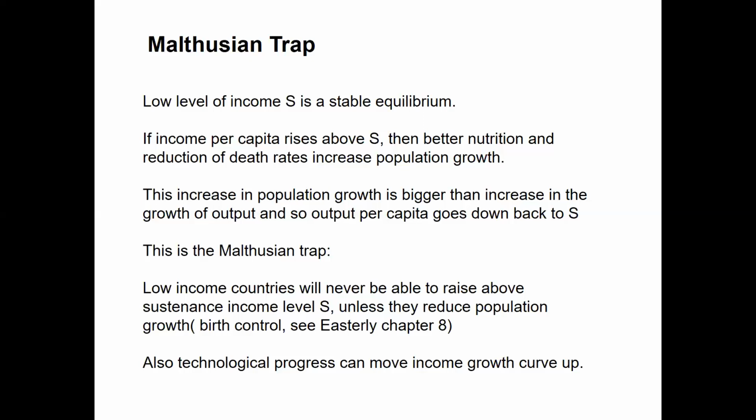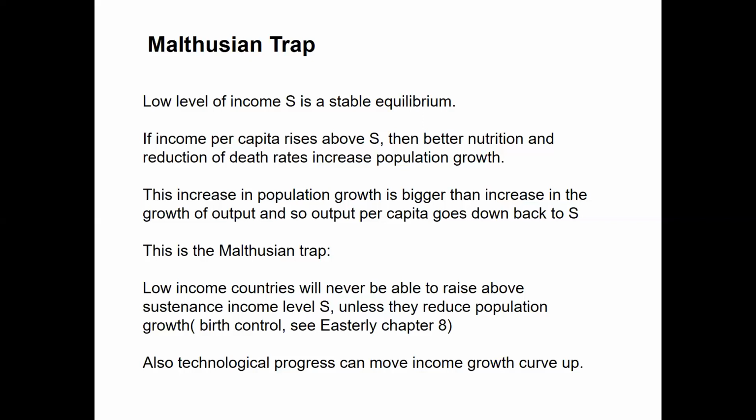So population grows faster than what you can produce food, this leads to an increase in death rate due to famine, disease, and conflict, and this brings the population back down. And so eventually the economy cannot sustain long-term population growth.